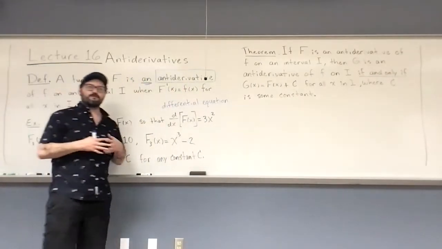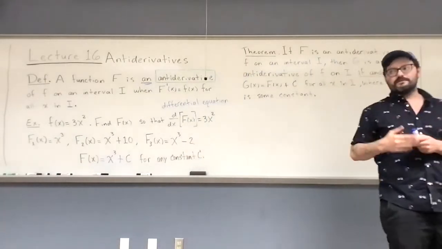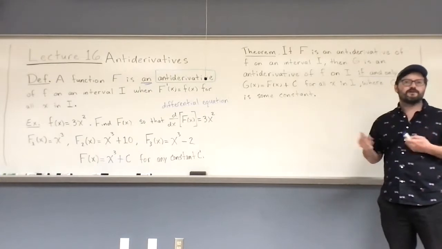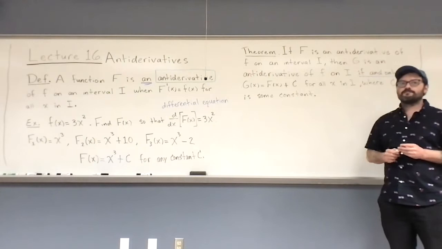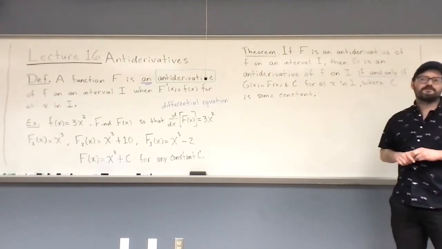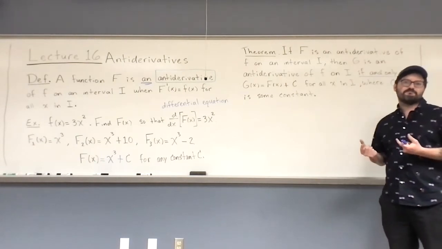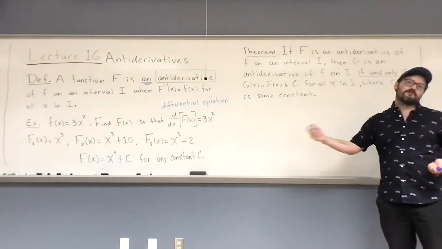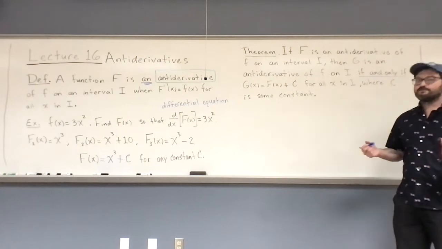There are cases where a function will be an antiderivative on some intervals but not all of them. Wouldn't G always be an antiderivative? Not quite, especially if you have piecewise functions. Over some intervals the antiderivative will look like this, and over other intervals it will look different.